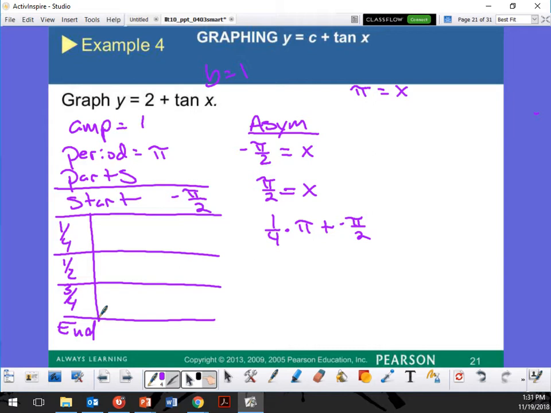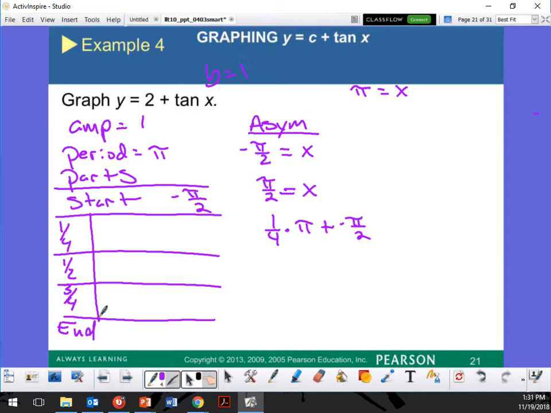I don't like 3 pi over 4. What do we come up with? Negative pi over 4? Yeah, negative pi over 4, right? I did negative pi over 4. Is that a minus sign? Oh, negative. Yeah, it's plus a negative.